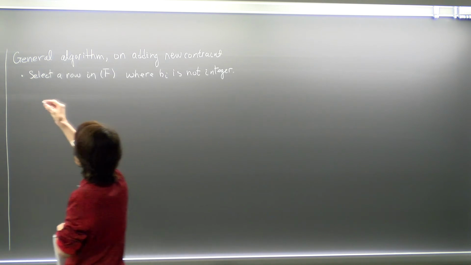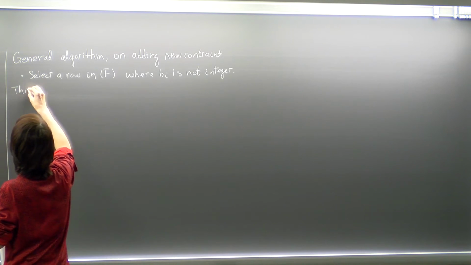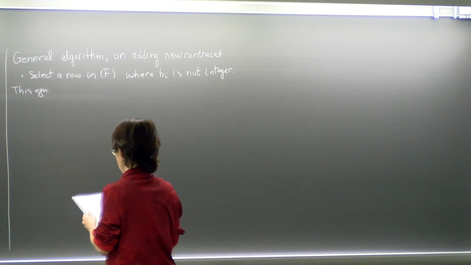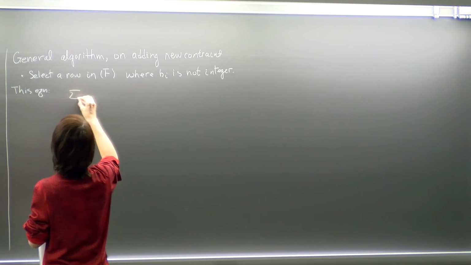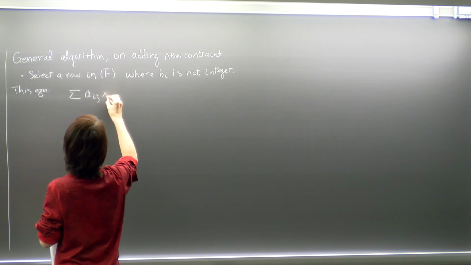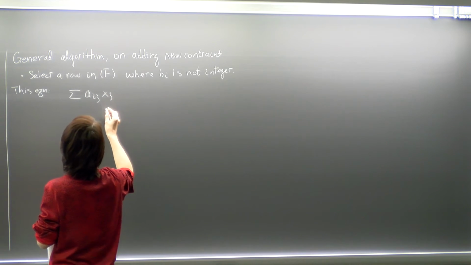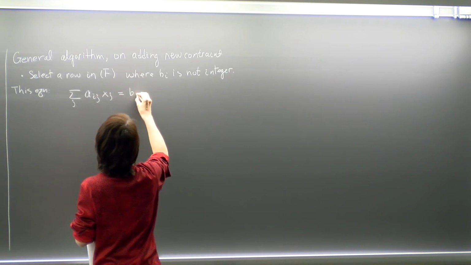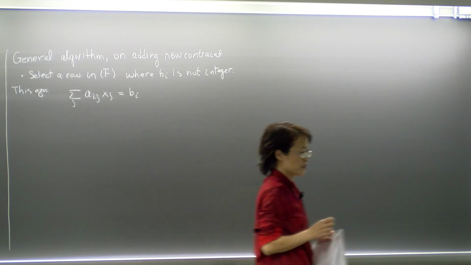And then we write out this equation from the final tableau. Let's say this equation is the following. Summing over j, a_ij x_j, that's the left-hand side, sum over all the j's, and then equal the right-hand side, b_i.